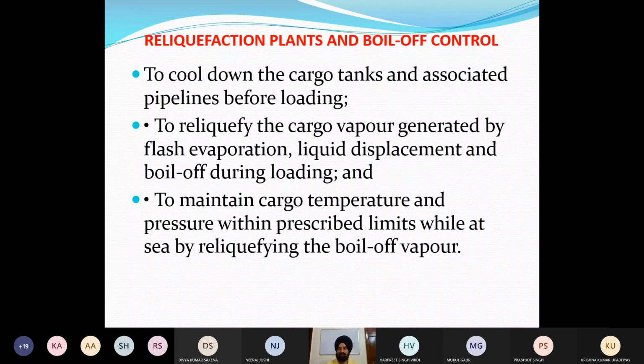So for that you need a very big plant, which is not possible on the ship. Sure, yes. So that's why for these LNG carriers it is different. They don't convert these vapors to liquid. Instead, they use these vapors for the engine. So that's the basic difference.